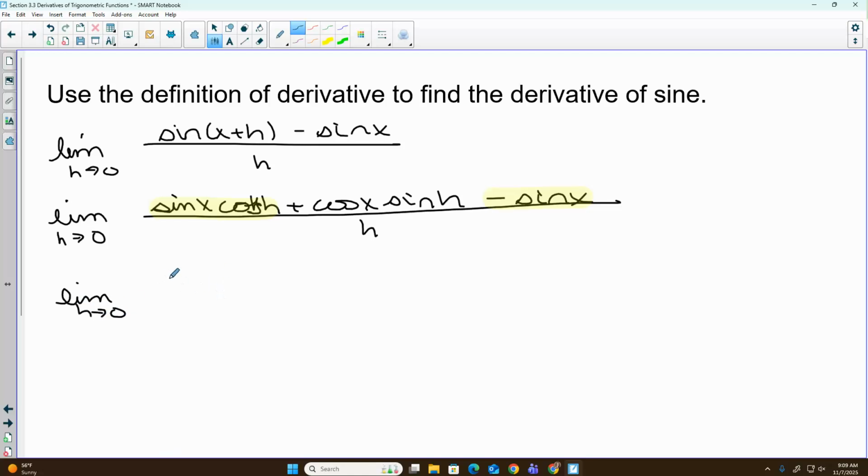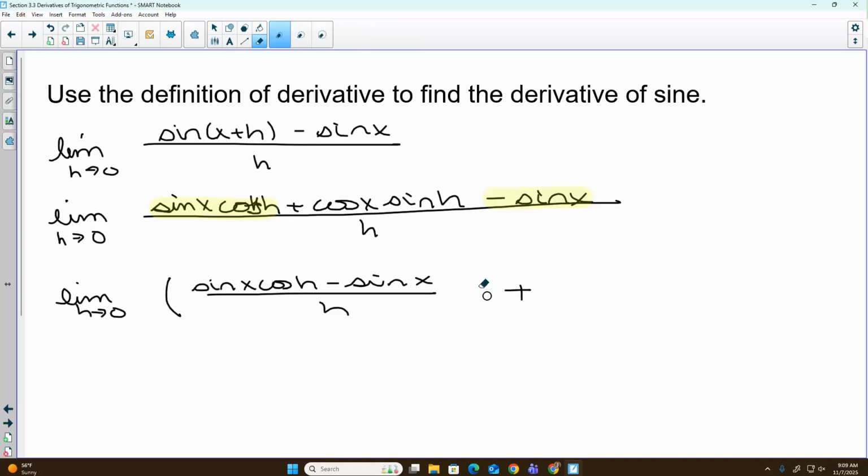Okay, so here's what I'm going to do. I'm going to put those together, plus this other one. So I'm just kind of breaking apart my fraction. Took the first and last one, put them in a fraction because they have a like term.